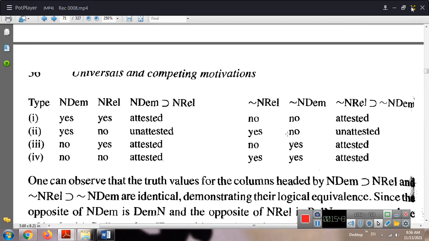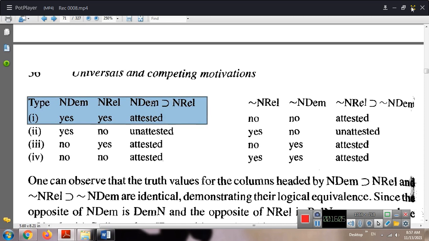Okay, here we have the truth table and proposition table for the contrapositive. Here we say that if a language is non-demonstrative, then it is non-relative. If both of them are yes, then this is attested.